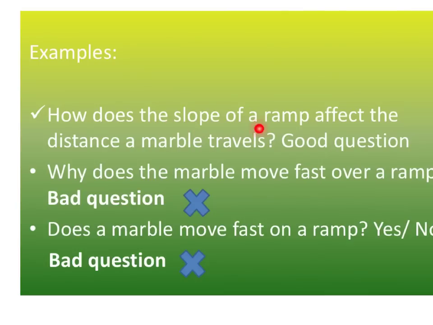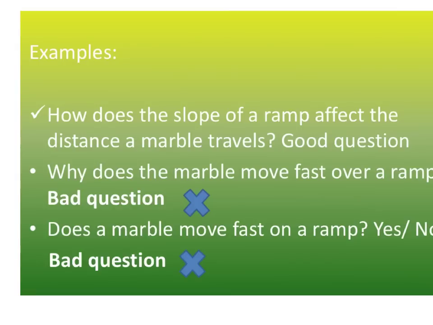This question clearly tells you that you are going to be testing the slope of a ramp, and you are going to figure out whether the slope of the ramp affects the distance a marble travels. So you know what you're going to change, and as a result of the change, what you're going to measure. So that's a good question.